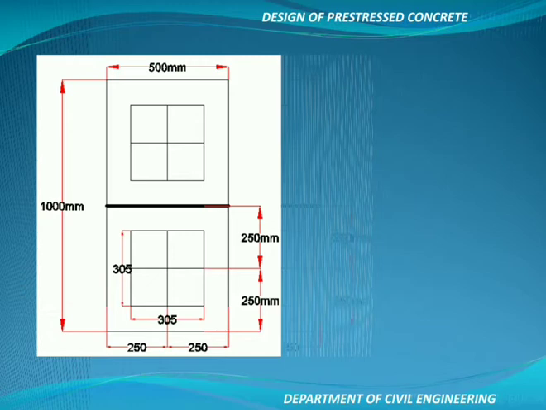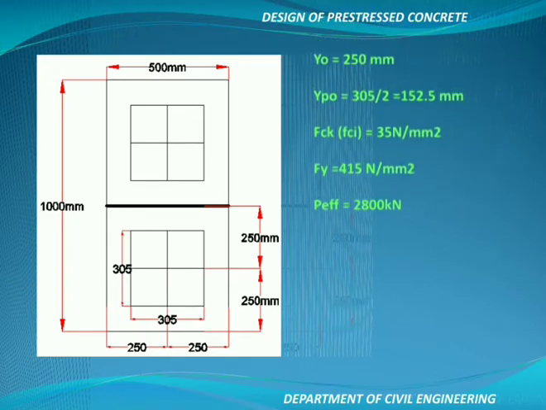If the location of the bearing plates was at 150, then our effective bearing area will be 2 times 150, that is 300 by 300. But in this case, we have the location as 250 from the bottom as well as top. 250 plus 250 is 500, so our area becomes 500 by 500. In that case we have to take the least value. Here both values will be the same, so it won't be affecting much.